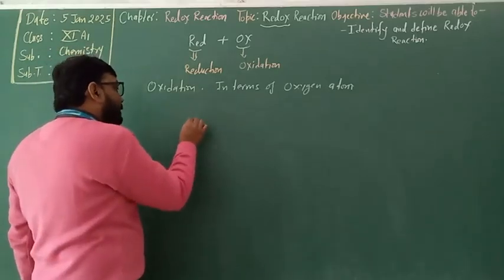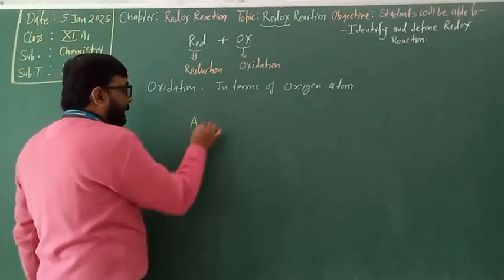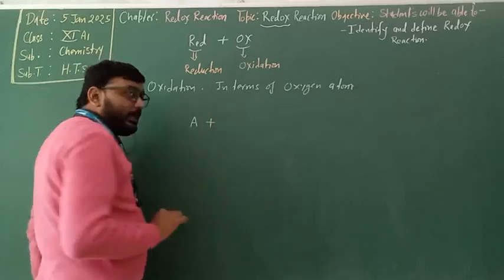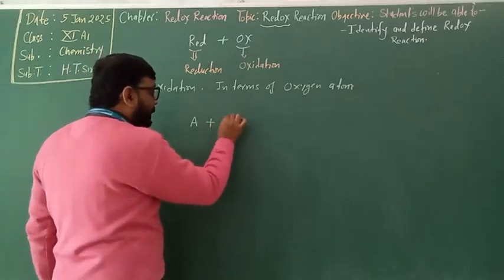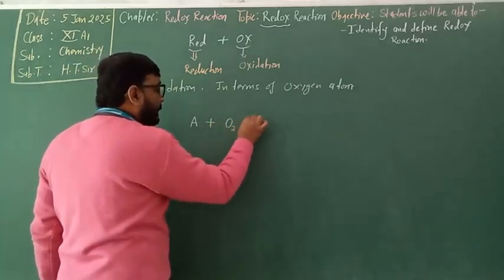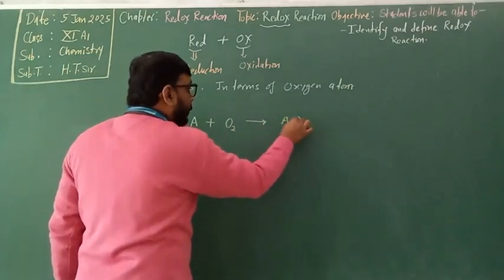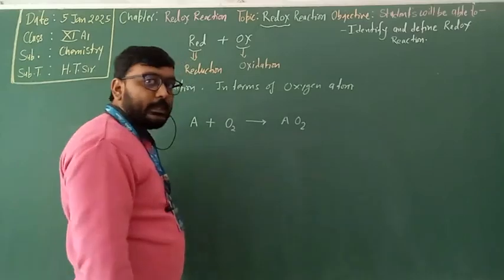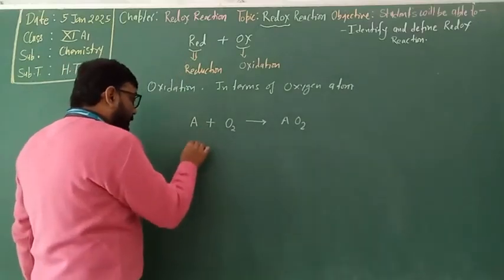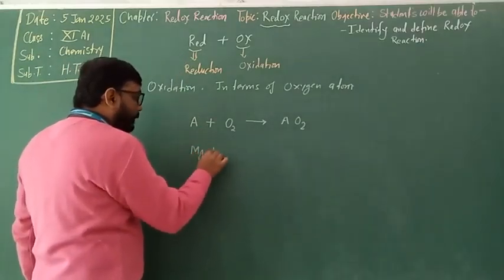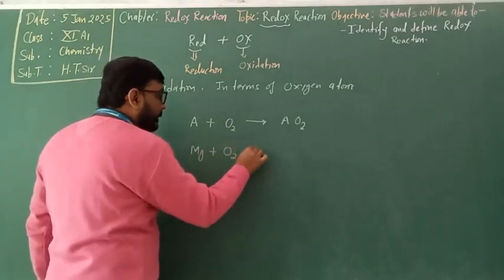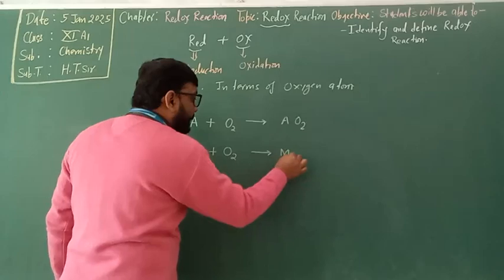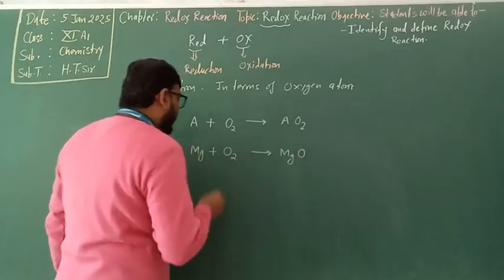For example, let us see A. Any element A is combined with oxygen and gives you AO, right? Another example: magnesium reacts with oxygen and gives magnesium oxide.